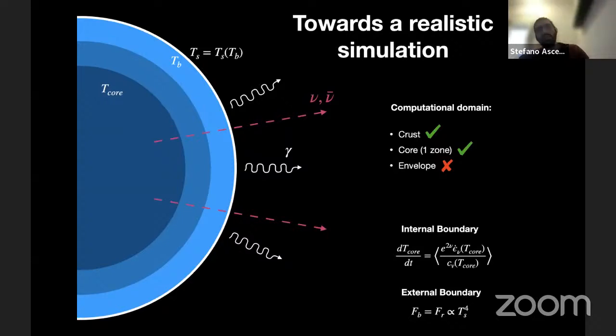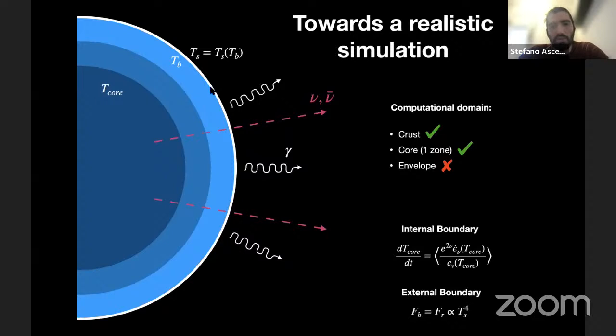The reason is that the thermal conductivity of the core is much higher than that of the crust, and so the core, except in the first decades of the life of a neutron star, is almost always in an isothermal state. We don't simulate the envelope because in the envelope the gradients of the physical quantities are much steeper, and the thermal relaxation time is much smaller.